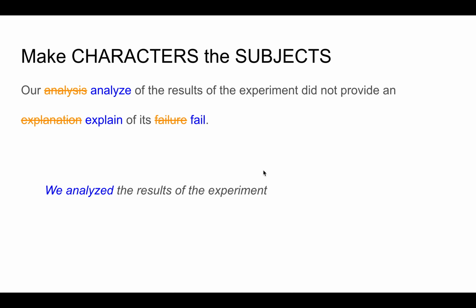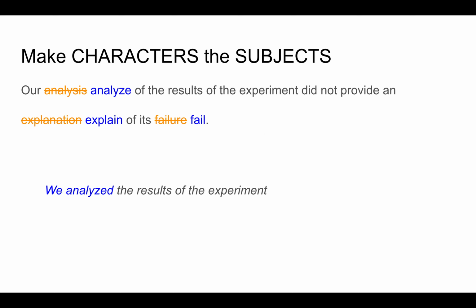Here is the first clause of our sentence. We analyzed the results of the experiment. So instead of our analysis of the results of the experiment, now we is the subject, analyzed is the verb. Analyzed is the action, and we is also the character. We analyzed the results of the experiment.